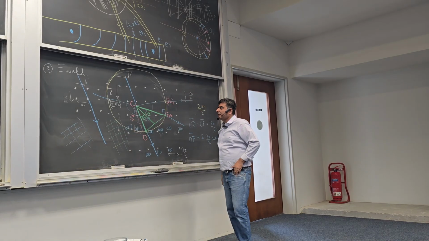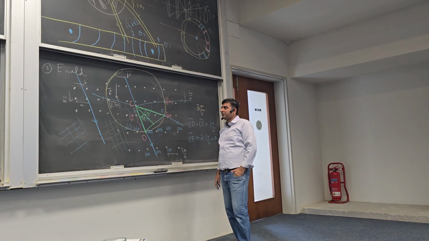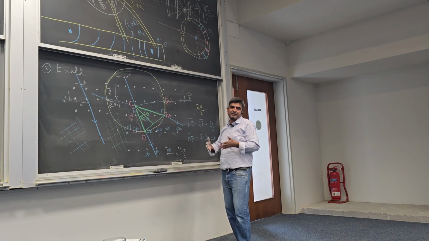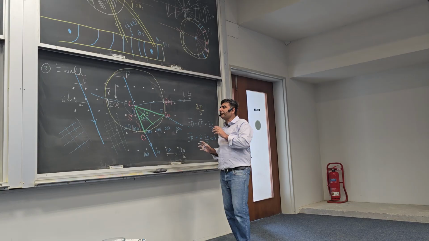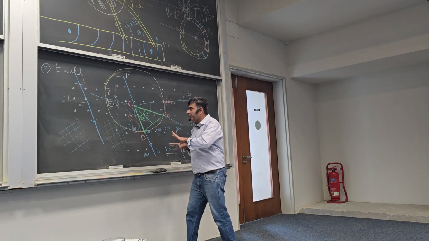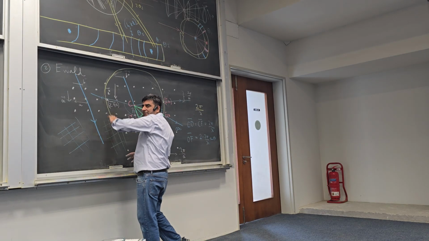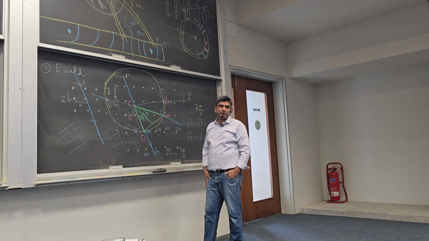Some planes are reflecting, others are not, and it's a single crystal. If I were to reorient this crystal, what does reorientation mean? Reorientation means the reciprocal lattice will be reoriented.